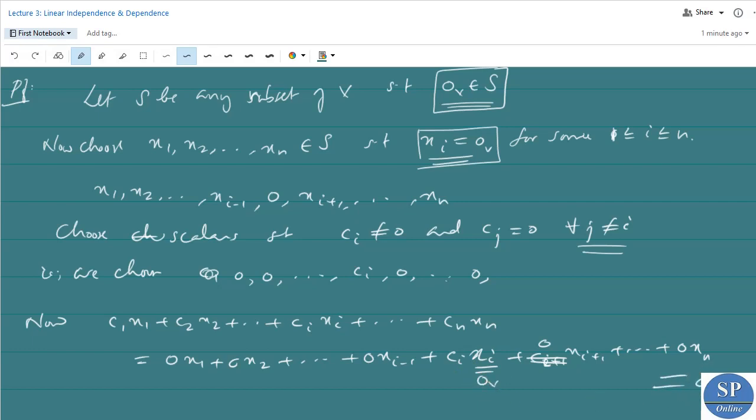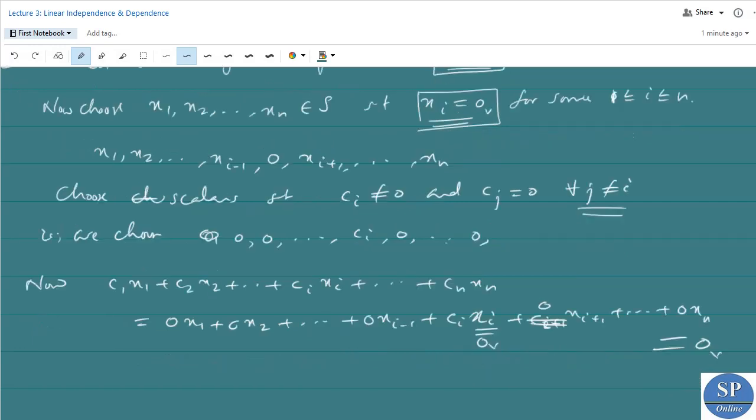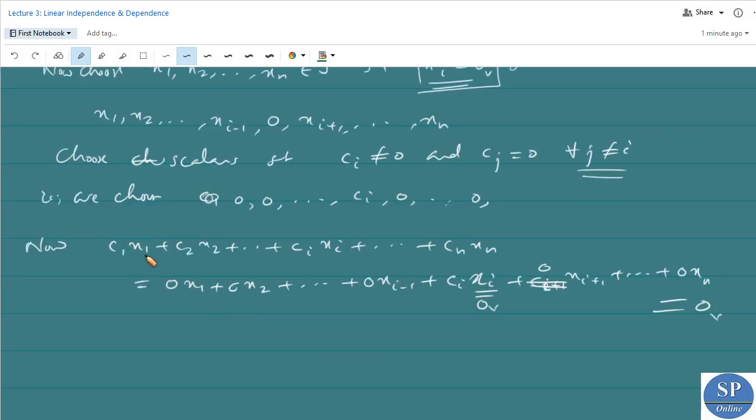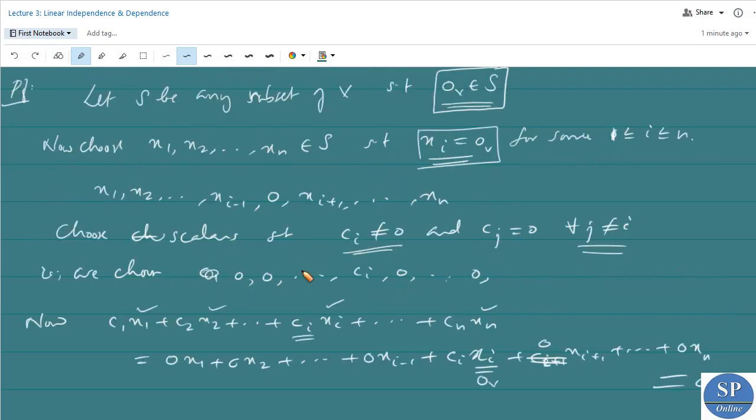So we obtained a linear combination of x1, x2, x3, etc., xn equal to 0 such that not all the scalars are zeros, because we chose ci not equal to 0. It is obtained since we took 0_V belonging to S and chose that xi is that 0.